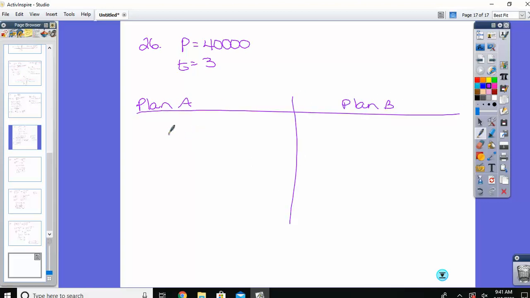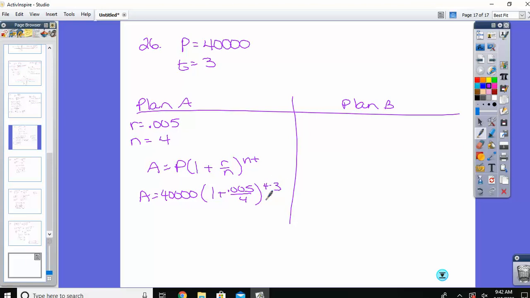In plan A, your interest rate is 0.5%, so that would be 0.005, compounded quarterly, so that means 4 times per year. So then use the formula. I will give you the formula, but I won't tell you what anything stands for, so you have to be able to use it. Our A we don't know. P is 40,000. 1 plus 0.005 over 4 to the 4 times 3 power.